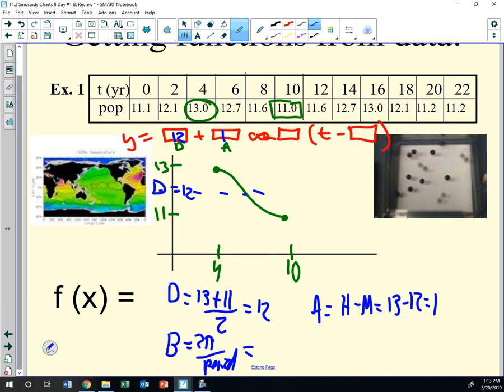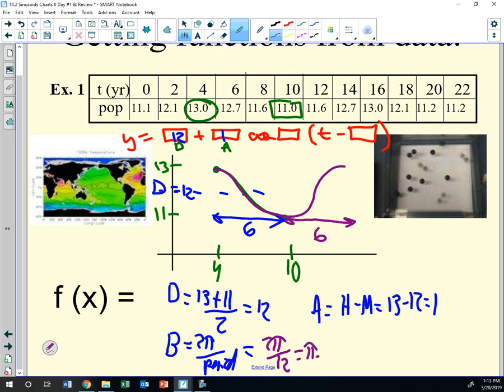This is the x-axis. How long? 6 years. Is that a complete period though? It is not. To get a complete period, you need to add another 6 years. And now it's a complete period. So it's 2 pi over 12. Or pi over 6. That is B.